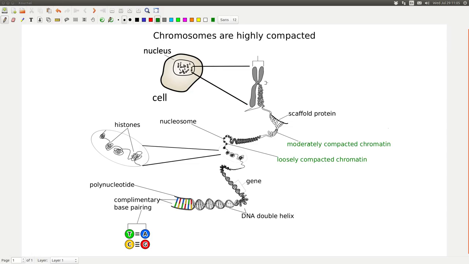The moderately compacted chromatin that you see in a eukaryotic cell in interphase is due to the fact that these chromatin fibers are looped around scaffold proteins. So the cell prepares to divide at mitosis. This is condensed even further to give you this highly compacted chromatin structure.